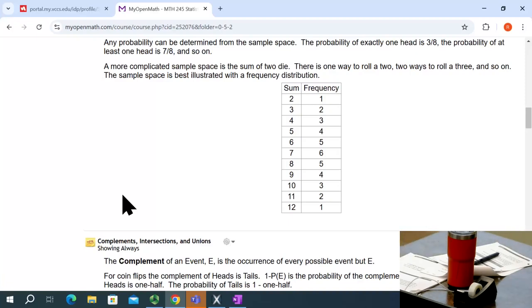Here, there's 36 possible ways this can happen. So the chance of a 2 is 1 out of 36. The chance of a 7 or an 11, excuse me, is 6/36 plus 2/36, or 8/36. So the chance of a 2 is really small compared to the chance of getting a 7 or an 11.